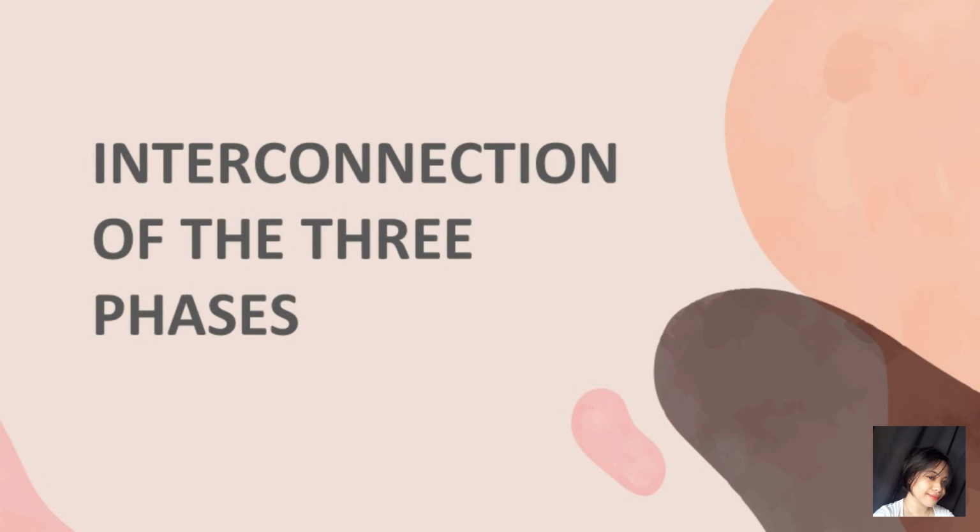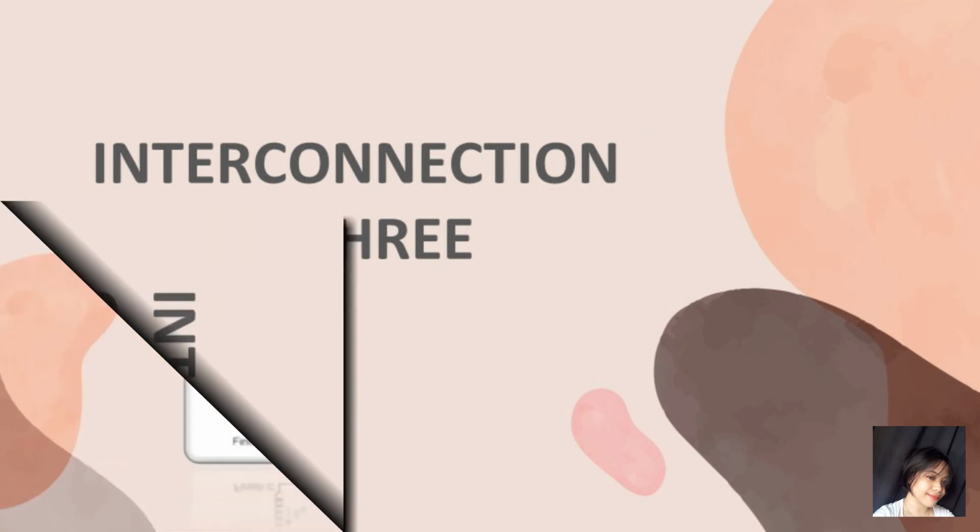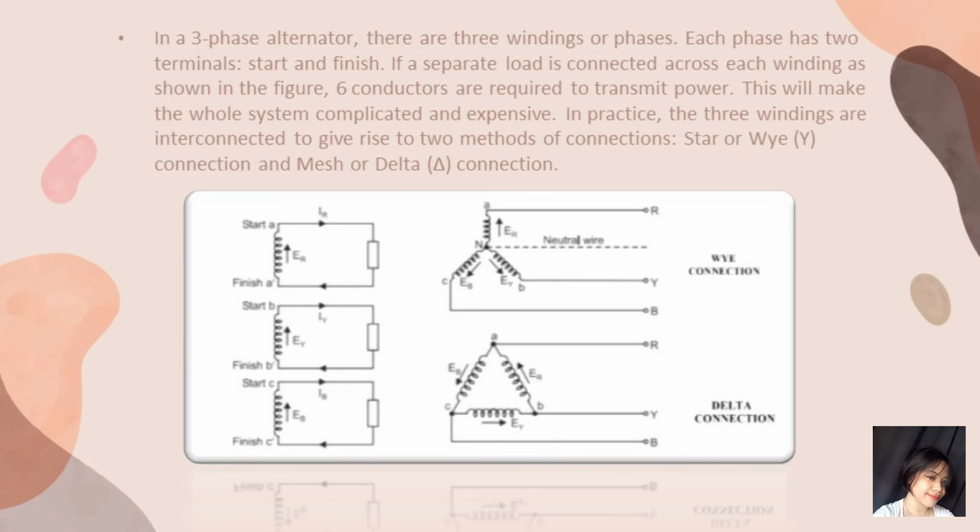Next is interconnection of the three phases. In a three-phase alternator, there are three windings or phases. Each phase has two terminals, the start and the finish.